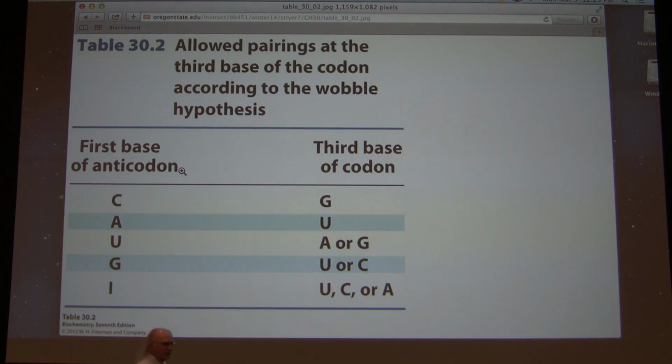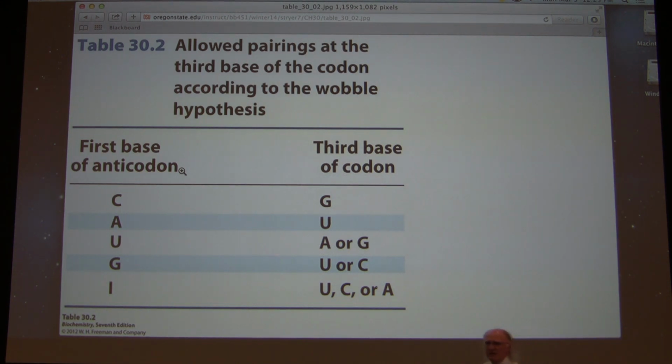Let's think back to the genetic code, where I had leucine, I could have CUX, where X was any of the bases, right? So if I had CUI, I could make one tRNA that would pair with any of those bases in the codon of the messenger RNA.